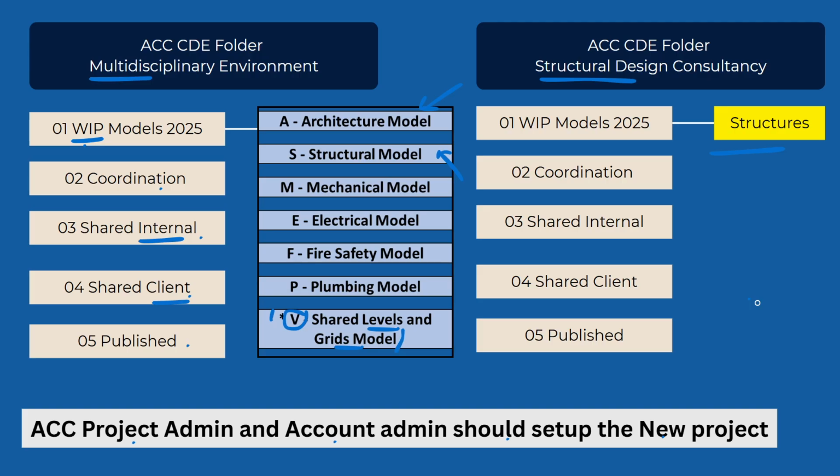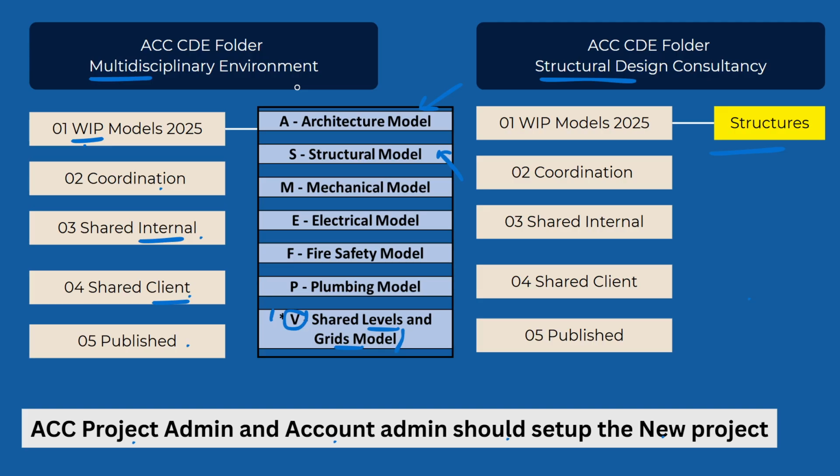Usually, when you work in a multidisciplinary environment, you are not giving control to architectural teams. You are controlling it via this model because you don't want to give others control of those. As a BIM coordinator or BIM manager, you will have a lot of control over that. Why do we not give control of the levels and grids?